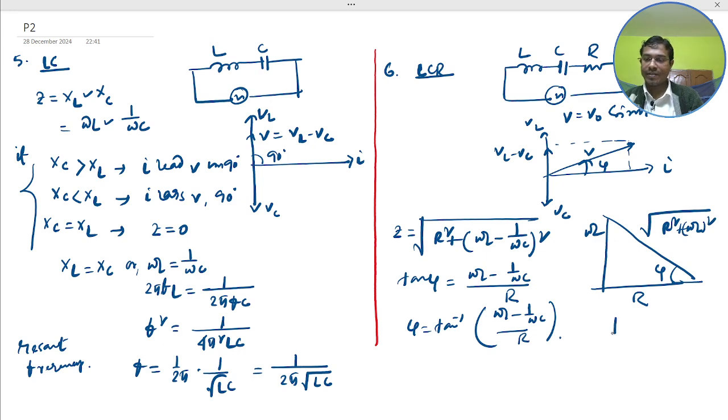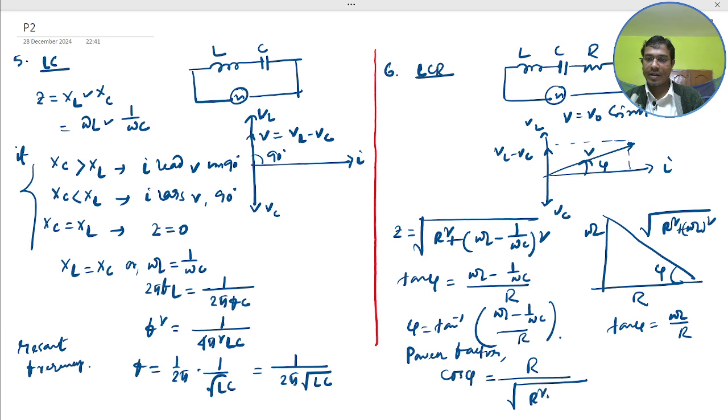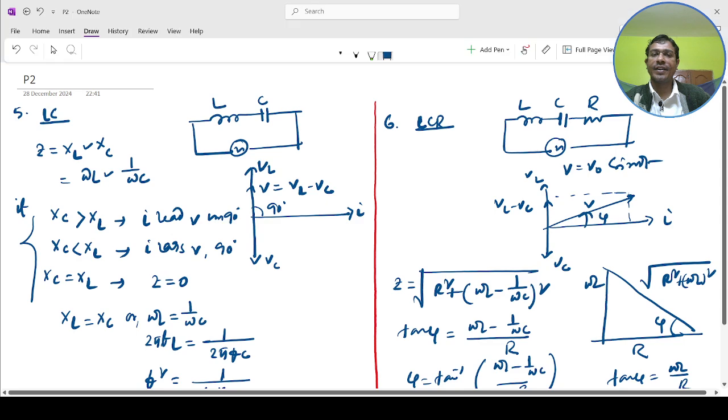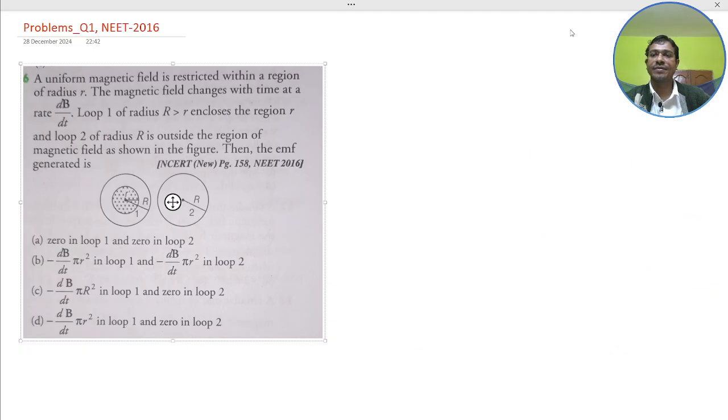For an LR circuit, tan phi is equal to omega L by R, and the power factor cos phi is equal to R by root over R square plus omega L whole square, basically R by Z. So power factor is equal to R by Z. So we conclude here electromagnetic induction and alternating current. Now go ahead with our problem discussion session.